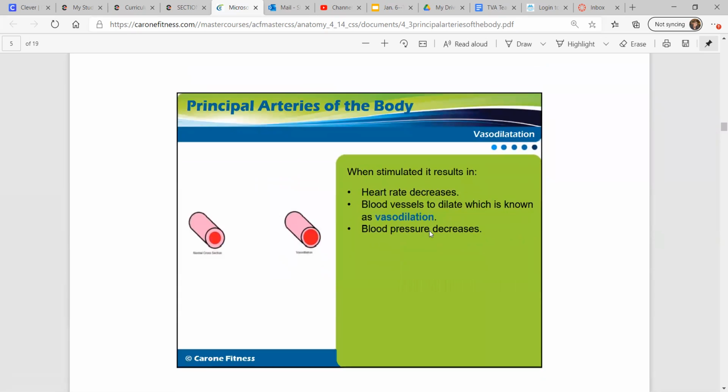And when stimulated, it results in heart rate decreases, blood vessels dilate, which is known as vasodilation. So it's like when your pupil gets big, we say that's a dilated pupil. So that is a dilated blood vessel. So heart rate goes down, blood pressure goes down, and your blood vessels dilate.